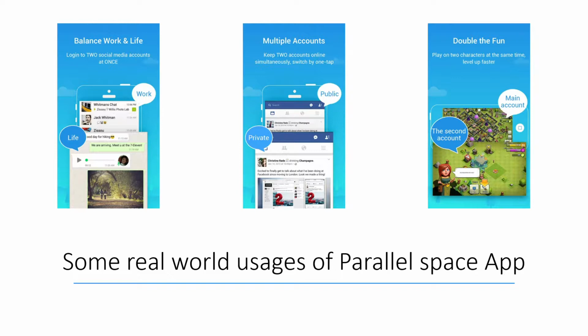If you have two different social media accounts for each, you can log in to both at the same time. You can maintain public and private accounts, multiple accounts. For example, if you have two Facebook accounts, you can maintain them at a time in your phone.